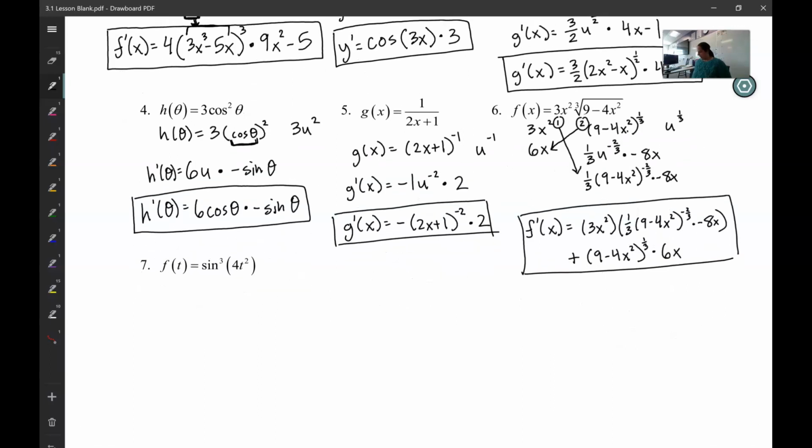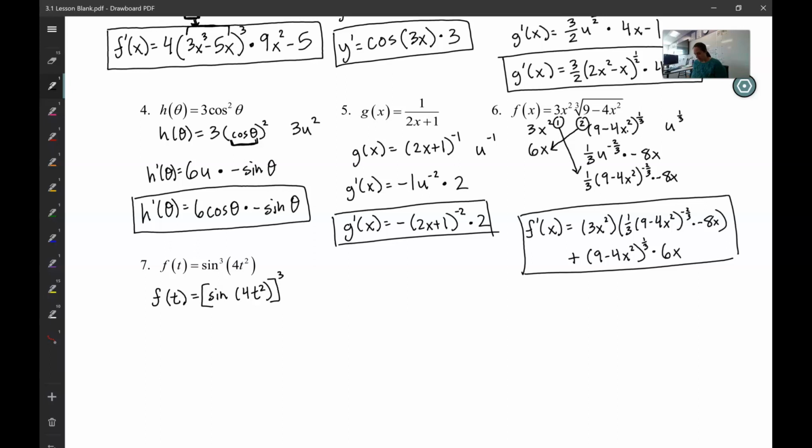Okay, last one. Number 7 gets interesting because it's a mommy with a baby with a baby. So this one, let's rewrite this first off to sine of 4t squared, all of this cubed. So I'm going to start on the outside and then multiply, layer by layer.